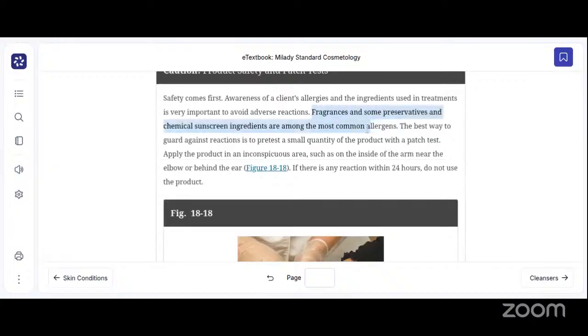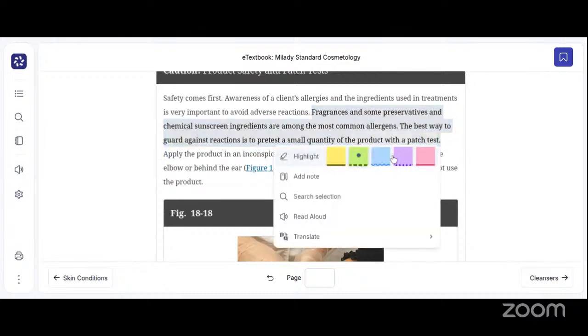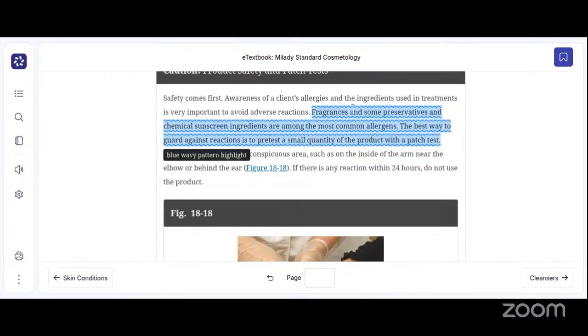Let's look at our cautions when it comes to fragrances and preservatives. When you want to choose products, choose them based off what they have to benefit the skin. We do not choose products based on how good they smell, because those fragrances can really agitate the skin and cause us to have an issue with the skin.